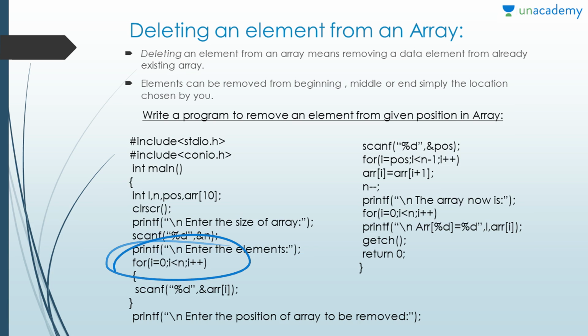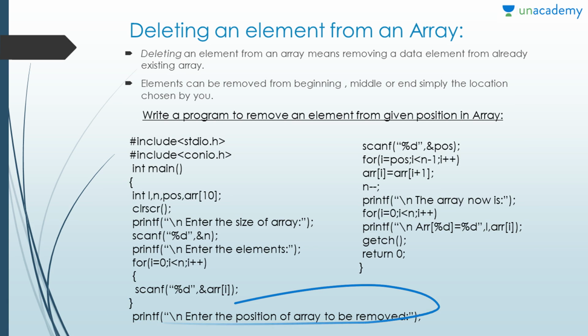Then scanf reads into the array, meaning the size that you specify, and those elements will be entered by you using scanf inside the for loop, right? Then printf tells you to enter the position of the array element to be removed, meaning you will enter the position from which you have to remove the element. Then scanf %d position, right?